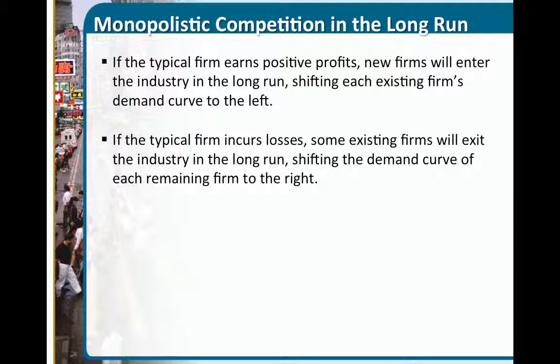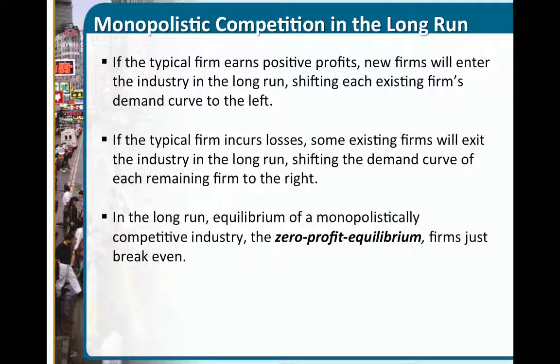Vice versa, if you had 10 gas stations on your way to school and 5 of them left the industry, each gas station left would sell more gas, so the demand curve would shift to the right.